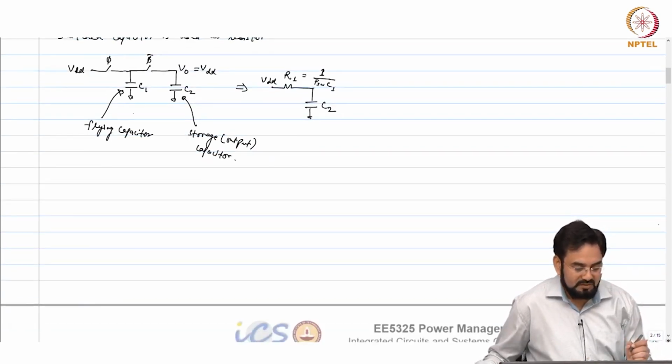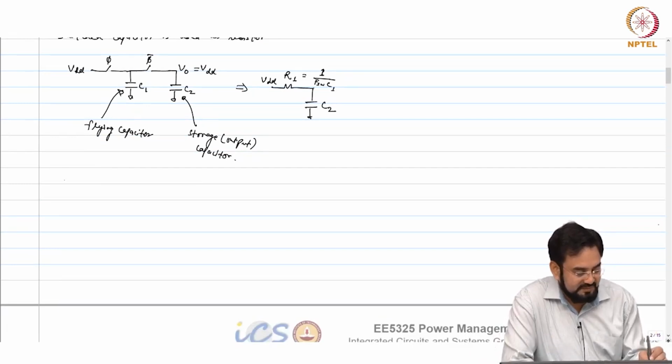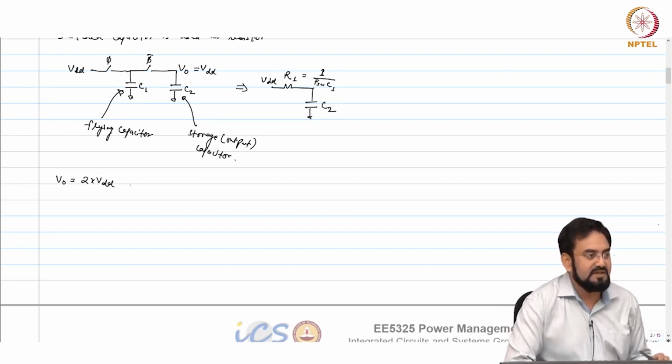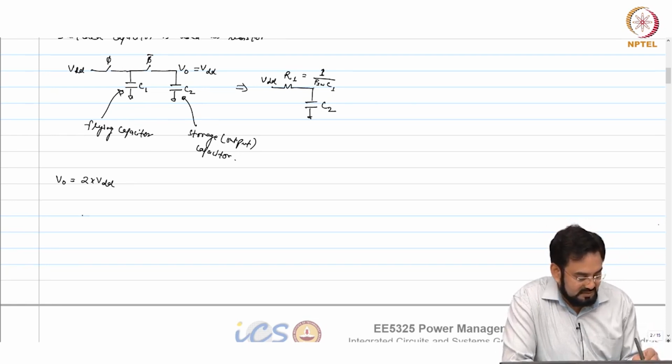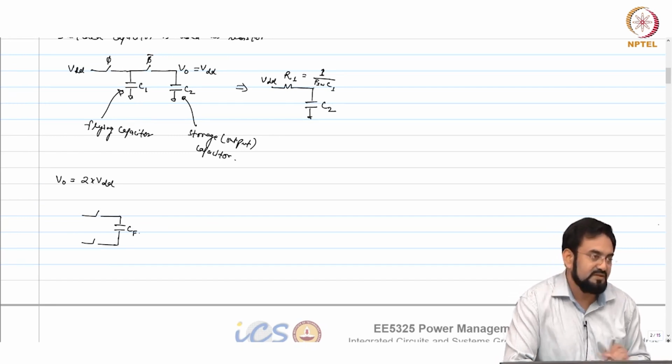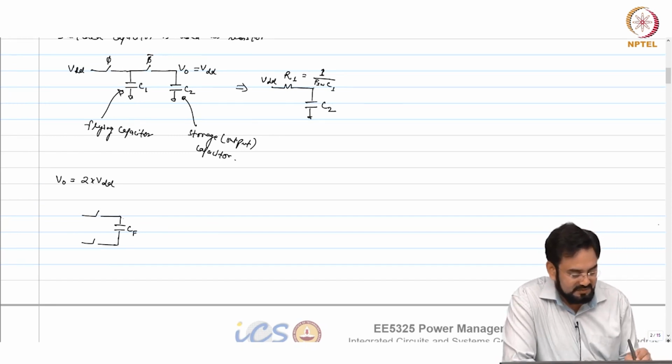Now, if I want to do, let us say, Vout equal to 2 times VDD, I can simply do this. I will call this CF, meaning flying capacitor.